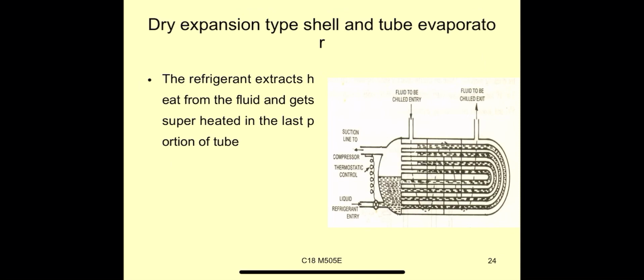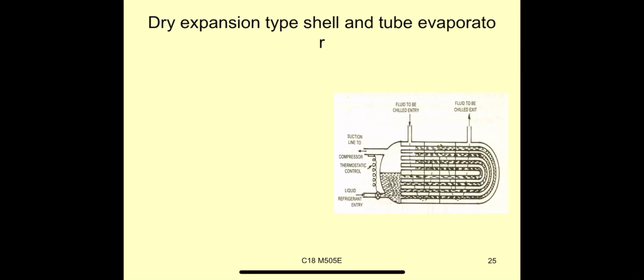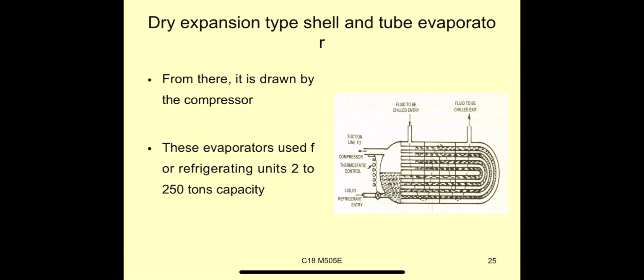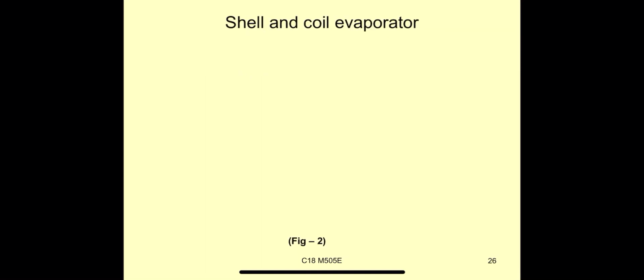The refrigerant extracts heat from the fluid and gets superheated in the last portion of the tube. The refrigerant is collected in the end chamber, and from there it is drawn by the compressor. These evaporators are used for refrigerating units of 2 to 250 tons capacity.